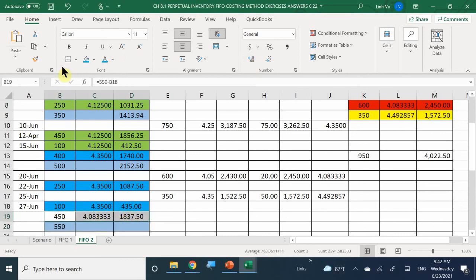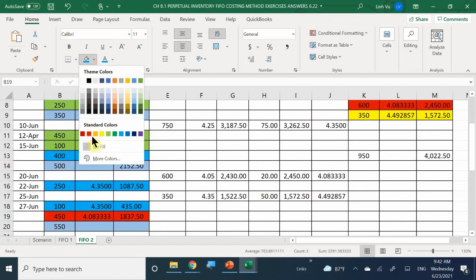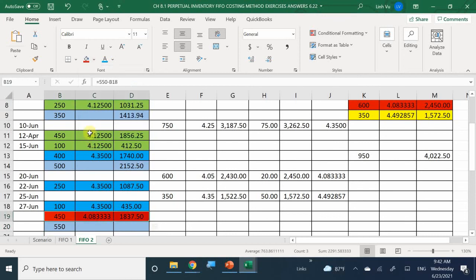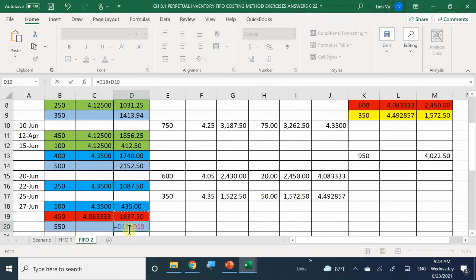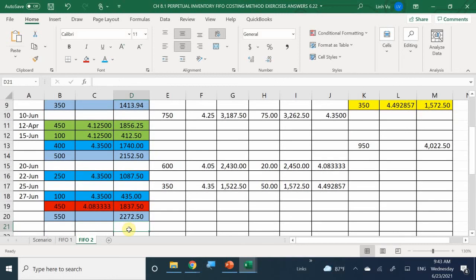All right, and I'm going to make a reference that this came from the red batch. Okay. So once again, grand total for selling a total of 550 units gives me 2,272.50.